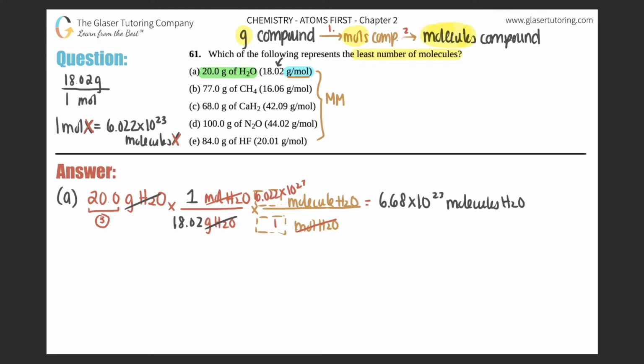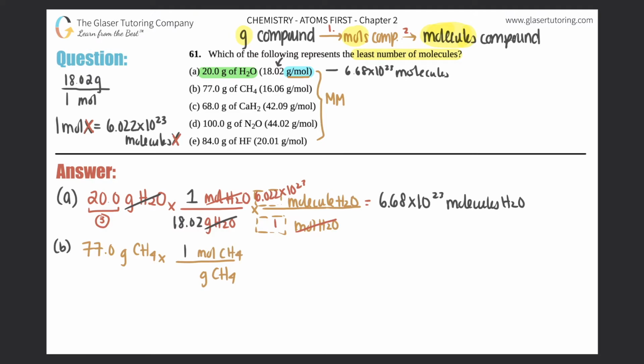All right, so this one, 6.68 times 10 to the 23rd molecules. I might as well just write the whole thing. Okay. B, we do the same exact thing. So 77.0 grams of CH4, grams of CH4 on the bottom, mole of CH4 up top. They gave us the molar mass.